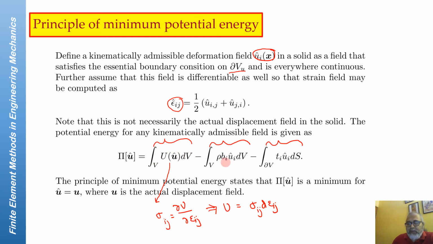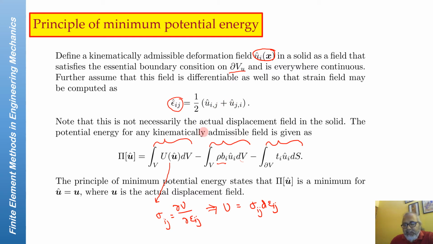This is the work done by body forces. So take a small element dV, and the body force on it is Bi, the total force on it is rho Bi, and the work done by it is rho Bi times ui hat. This is a repeated index, so it is rho B1 U1 plus rho B2 U2 plus rho B3 U3.